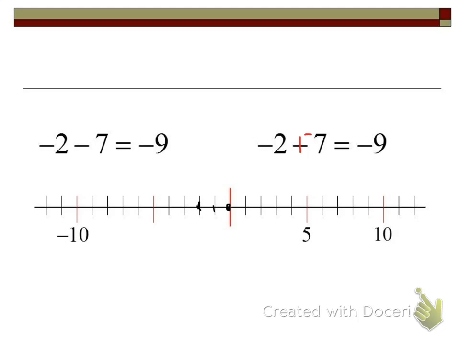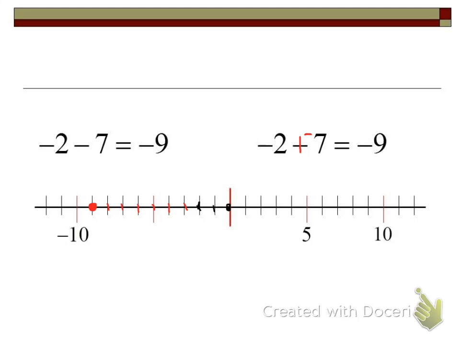And if I graph that, I go left 2. And then in both cases, I need to minus 7 after I've minus 2. So I need to continue in the left direction, 7 units, which puts me at negative 9. So again, that Rule 1 tells us that if we have one subtraction sign, we can interpret that as add the opposite, and we can change the operation to plus a negative.